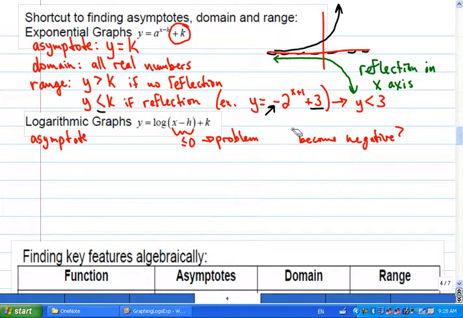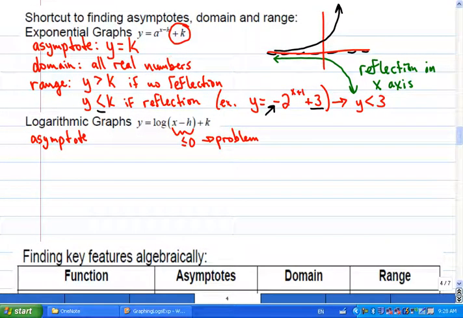So this is where we're going to find the problems, and the asymptotes, remember, mark where a boundary happens. So the asymptote is going to be where x minus h equals 0, because we don't want to cross that line. That's where problems happen. For the domain, again, it's the same issue.